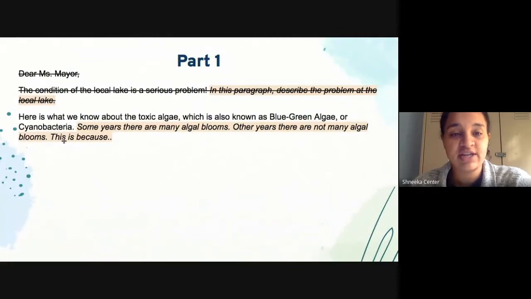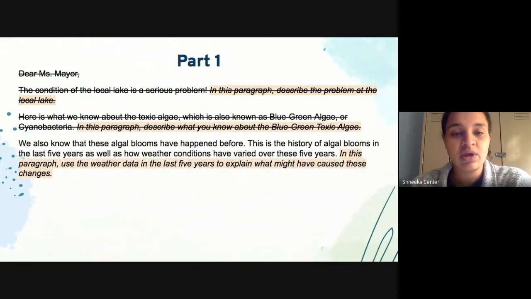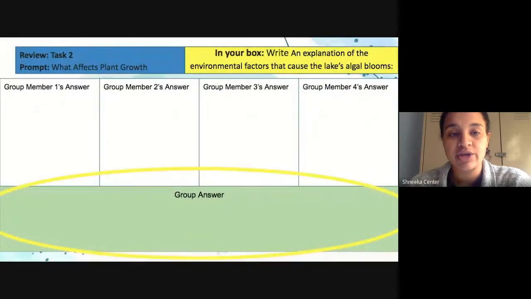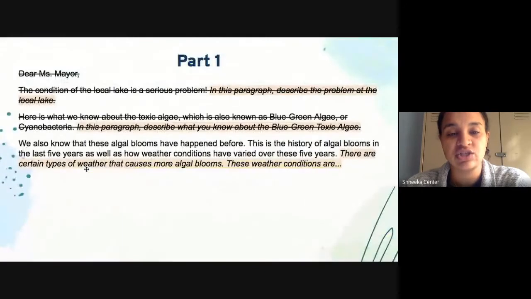Okay, so moving on to the next part. So in this portion, you're going to talk about the weather. You're going to talk about the different weather conditions and how the weather helped lead to the algae blooms. You're going to review the information from task 2 and copy and paste the information from your group answer here into this sentence starter.